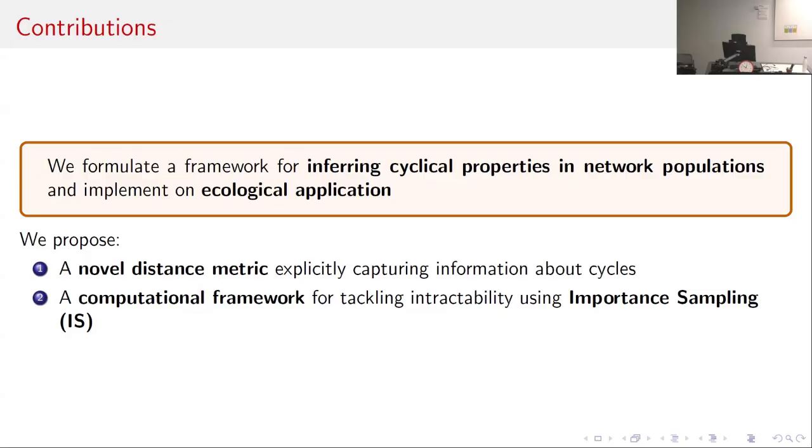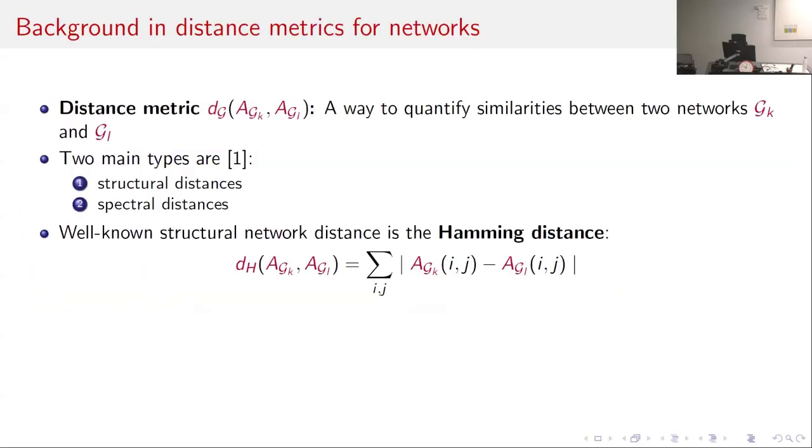So first, with respect to the distance metric, just to give you some background very briefly. We define a distance metric and we indicate it by d here, which indicates the distance between the k-th and the l-th network observation, and it's a way to quantify similarities between networks. There is a very nice paper by Jonathan Holmes in the Annals of Applied Statistics that has a nice review of the different network distance metrics that are available.